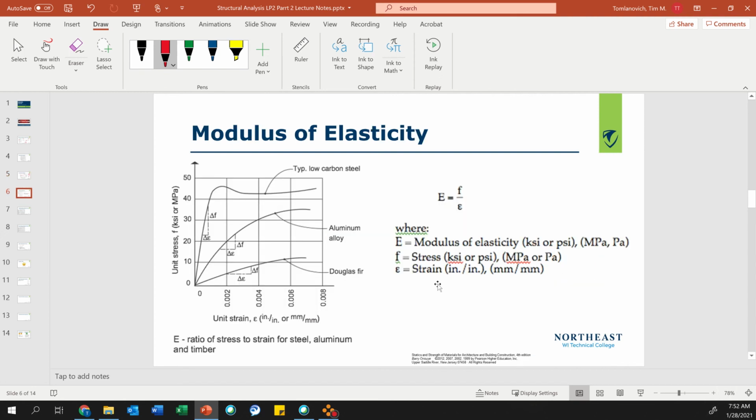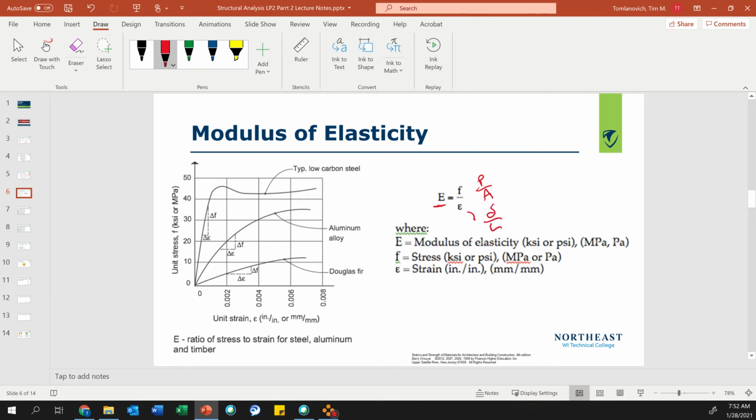Okay, so because of that, we can create the modulus of elasticity of materials. E equals the modulus of elasticity, and it's the slope of this line, stress over strain. Remember, stress is P over A, and strain is deformation over original length.